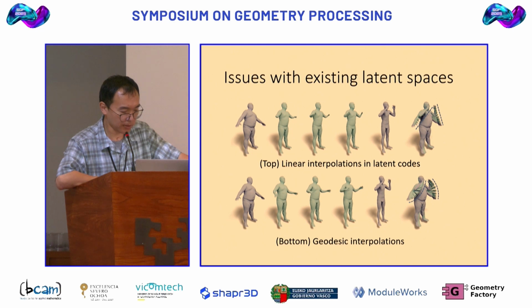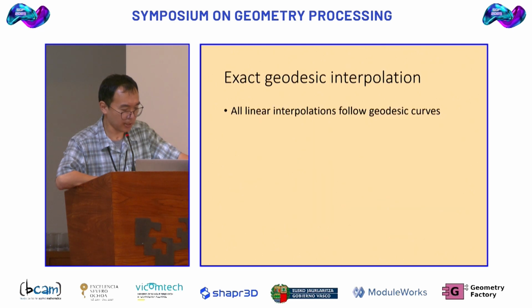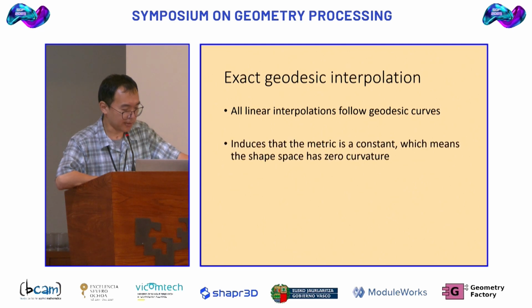Now, the question here is, can we actually enforce all the linear interpolations to be geodesic curves? Can we do that? The answer is no, or else the metric has to be constant. And this means the shape space has zero curvature, which is a Euclidean space.